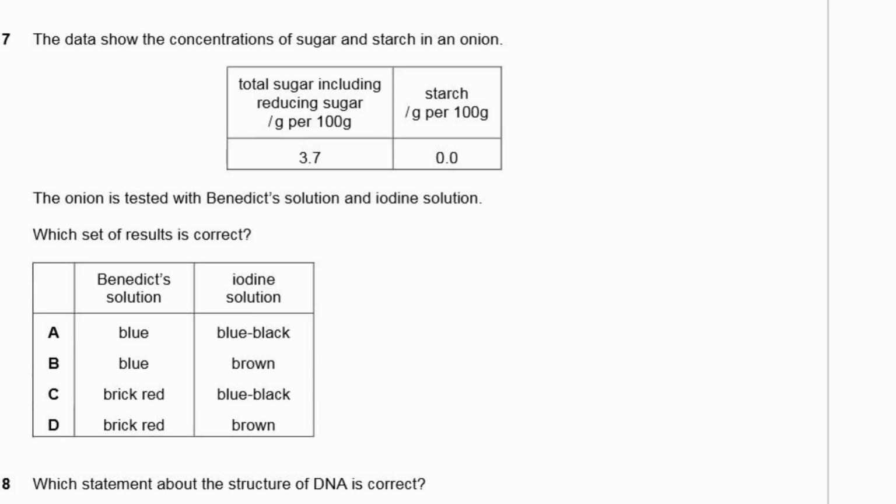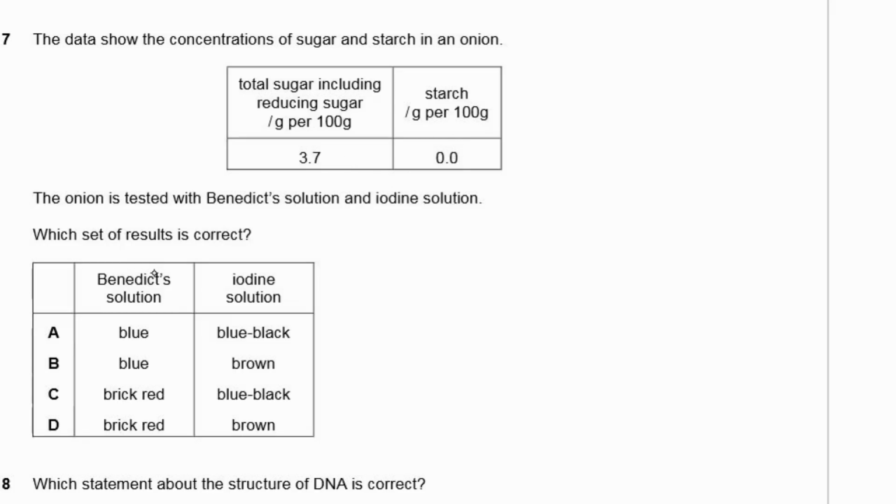Question 7. The data show the concentrations of sugar and starch in an onion. The onion is tested with Benedict's solution and iodine solution. Which set of results is correct? Okay, so we have 3.7 grams per 100 grams of reducing sugar in this onion, and we have no starch.